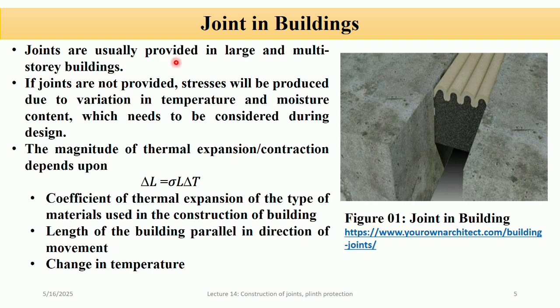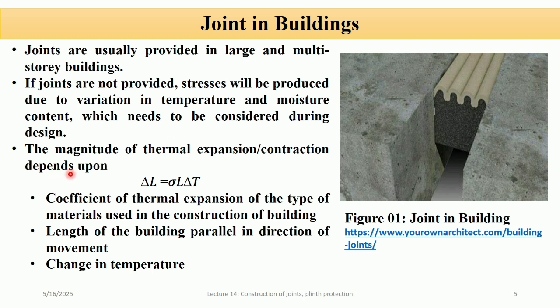Joints are usually provided in large and multi-story buildings. In large or tall buildings, temperature and moisture changes can cause significant expansion or contraction of building material. If joints are not provided, these movements cause stresses in the structure, which can result in cracking, distortion, and structural damage.